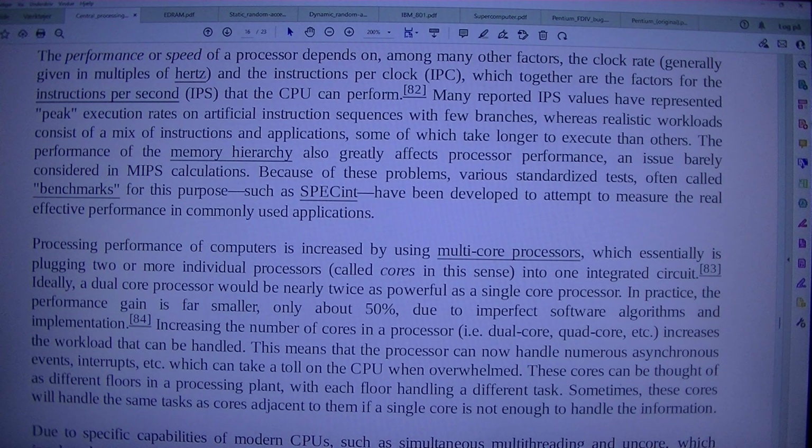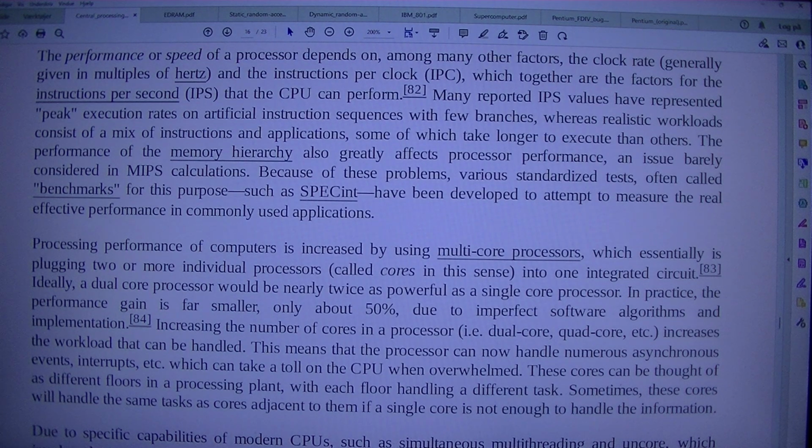The performance of the memory hierarchy also greatly affects processor performance, an issue barely considered in MIPS calculations. Because of these problems, various standardized tests, often called benchmarks for this purpose, such as SPECint, have been developed to attempt to measure the real effective performance in commonly used applications.